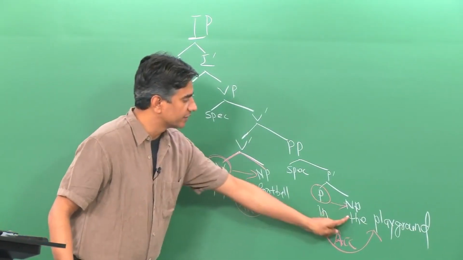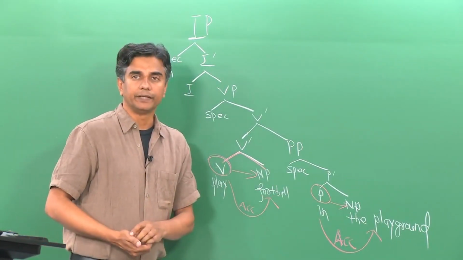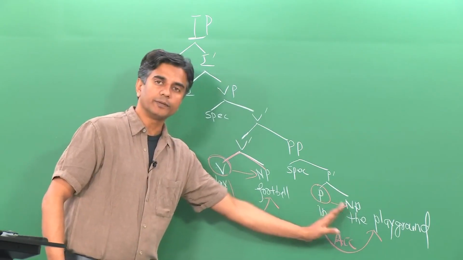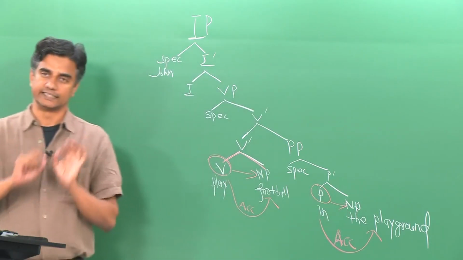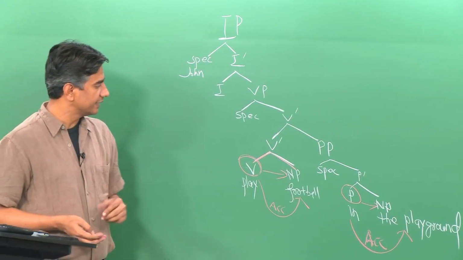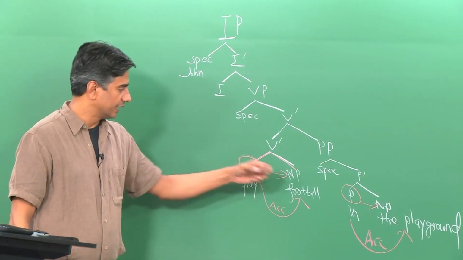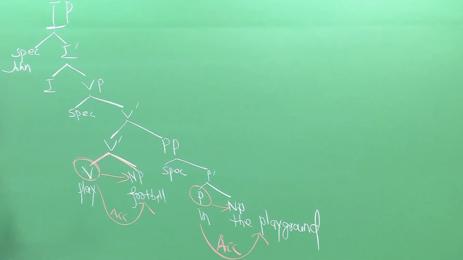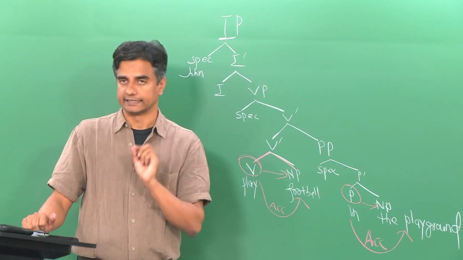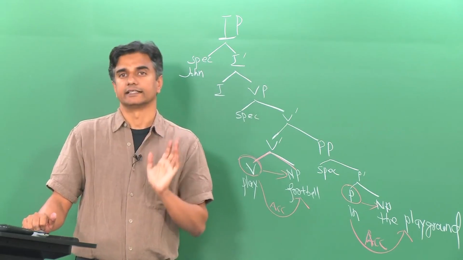Here P governs the NP the playground, because the NP playground is the complement and P is a governor, a head. So it's pretty simple for us to understand. And we are saying that heads assign accusative case because they govern their complement, which captures the notion that every NP must be assigned a case in a sentence.